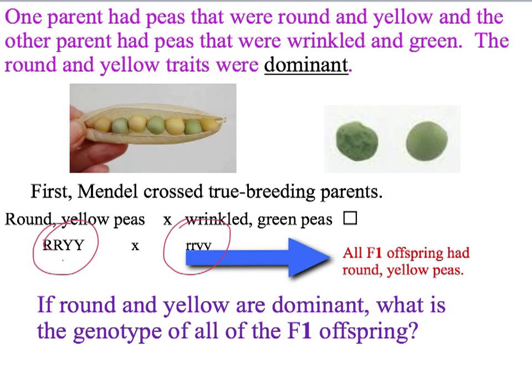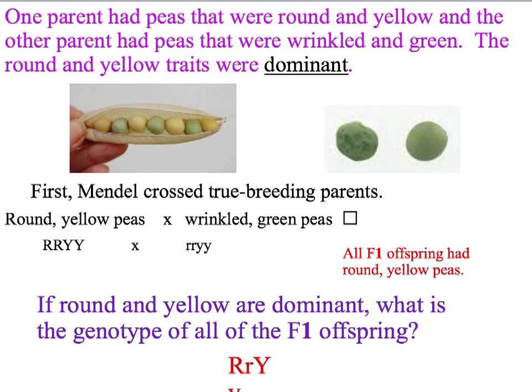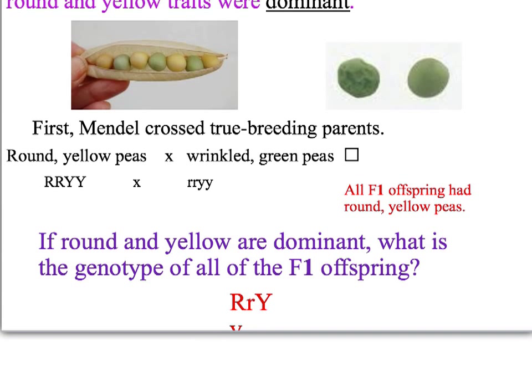So if round and yellow were dominant, what's the genotype of all of the F1 offspring? If he crossed these, what did the genotype look like with all of the babies? Think about it. Voila. Sorry, it came up a little bit down here, and it didn't even go all together.